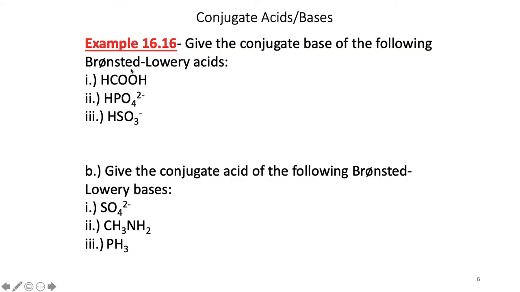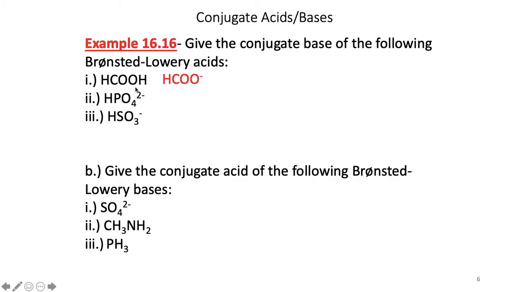I don't have a charge, so when I cut out that proton, I go from 0, decrease by 1, which means I'm going to have a negative charge. The conjugate base of this acid is going to be HCOO minus. I cut out that hydrogen and I went from 0 minus a 1 to a -1 charge.